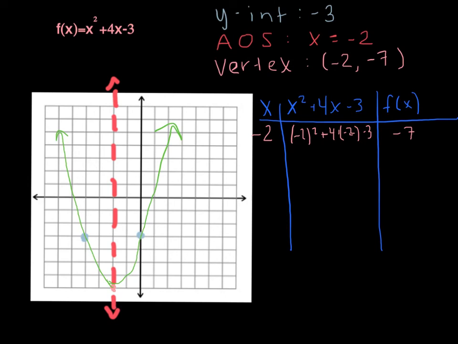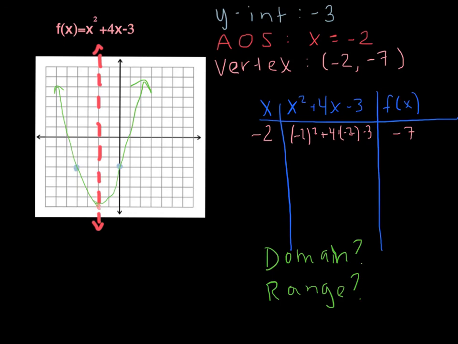So that's kind of what our parabola is going to look like. Now I want you to answer this question for me. What is the domain and the range of this function? I'll be looking for this in your notes tomorrow.